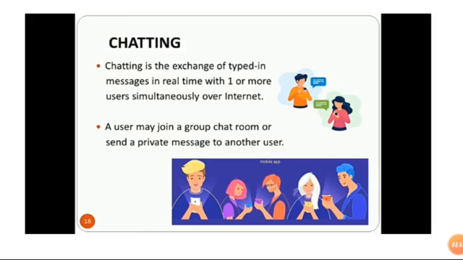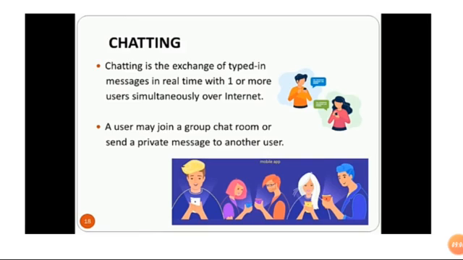Chatting is of two types: text-based chat, video chat. In text-based chat, communication is done between two or more persons by sending or receiving text messages like you do in WhatsApp. In video chat, two or more users can talk to each other through audio and video transmission over internet.